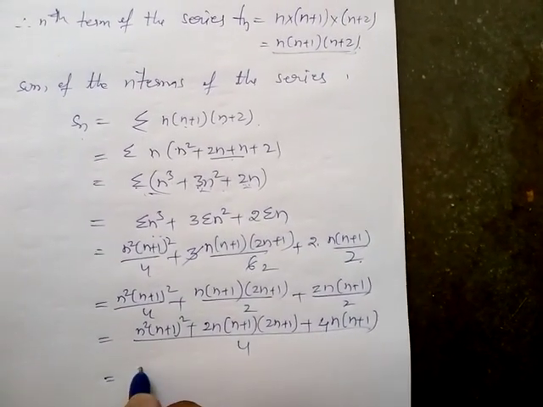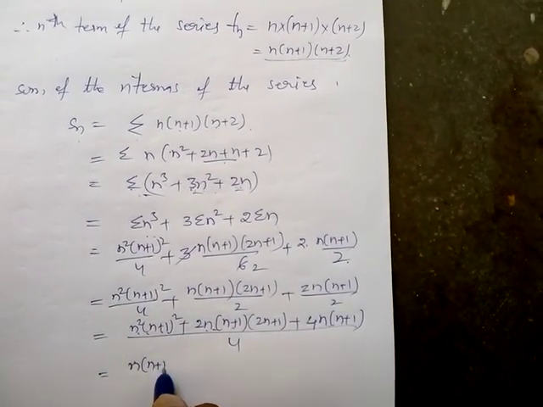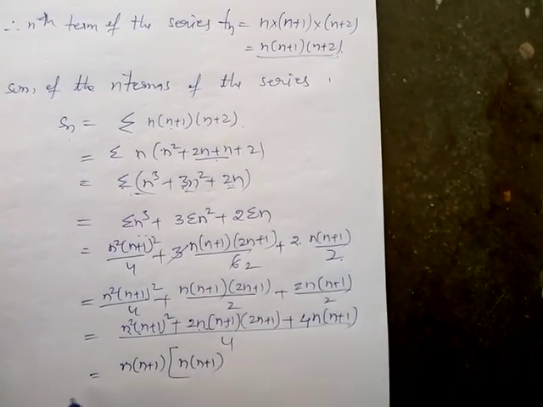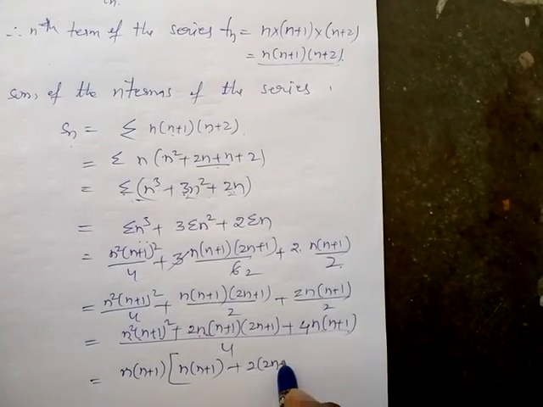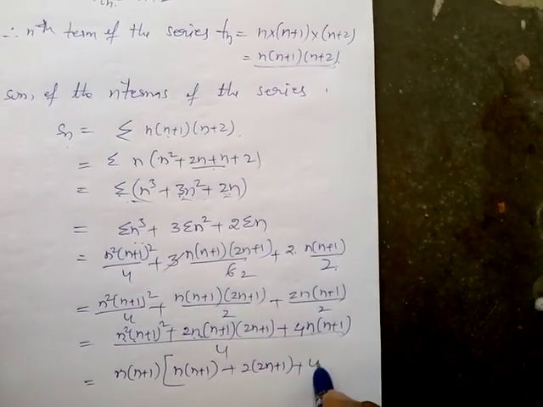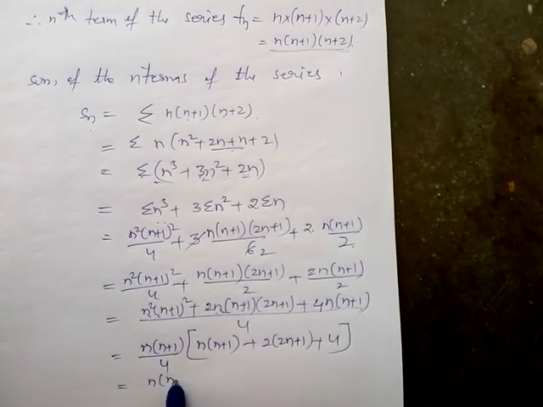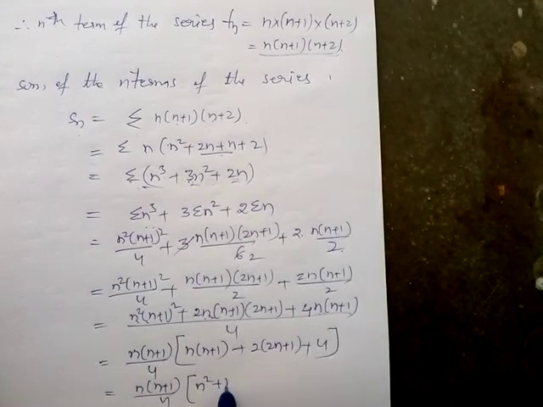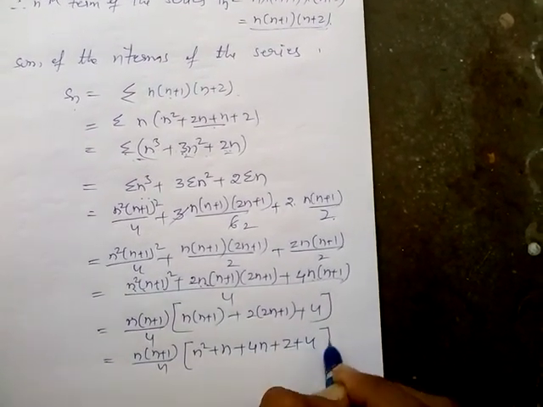Now, by taking n into n plus 1 common, we are left with n into n plus 1 plus 2 into 2n plus 1 plus 4, all by 4. So n into n plus 1 by 4, into n square plus n plus 4n plus 2 plus 4.